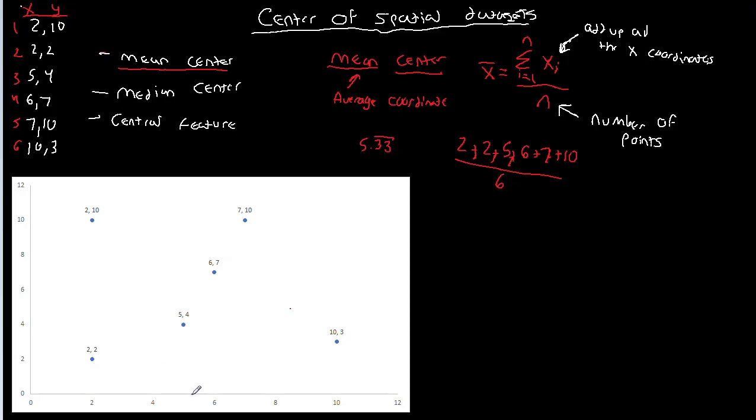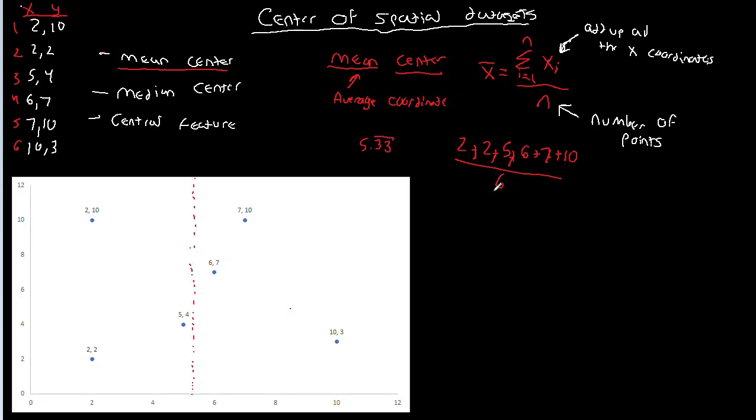So I'm going to make a dotted line here. We know that the x coordinate of our mean center, the average coordinate, is going to fall somewhere along this line, because this is the x value of our mean center.